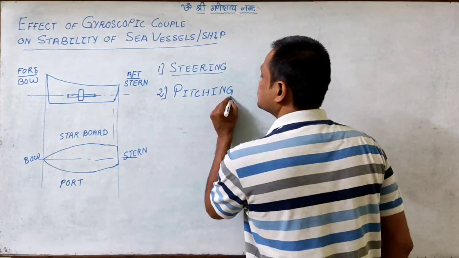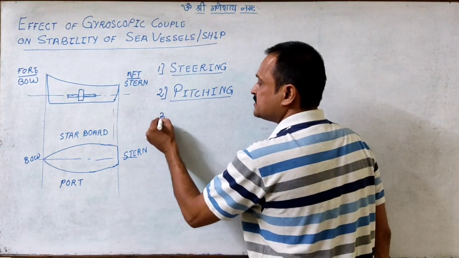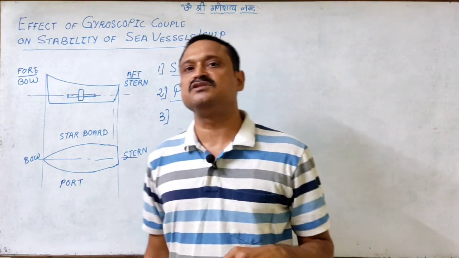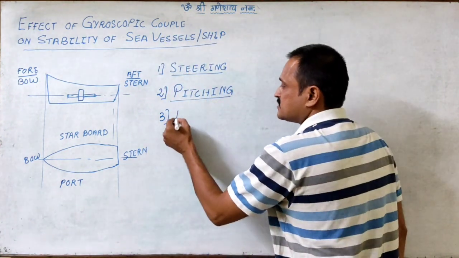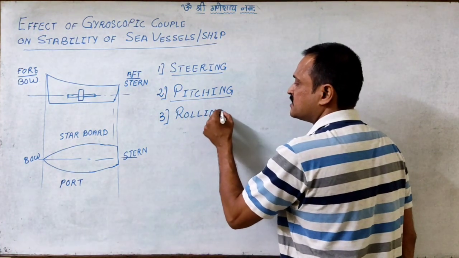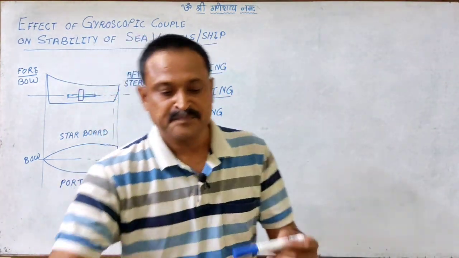So the second condition is called pitching, and the third condition, though there is no such effect on the stability due to gyroscopic effect, but the third condition of any floating vessel or ship is the rolling condition. Now what is the rolling condition?